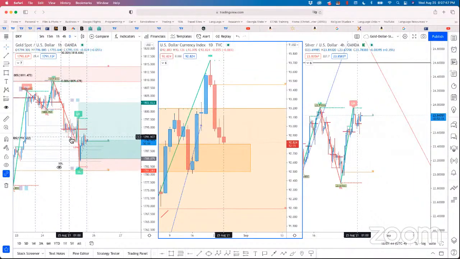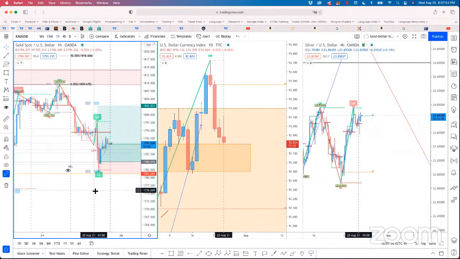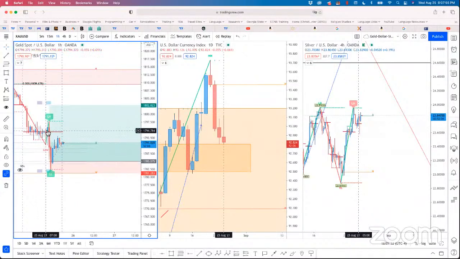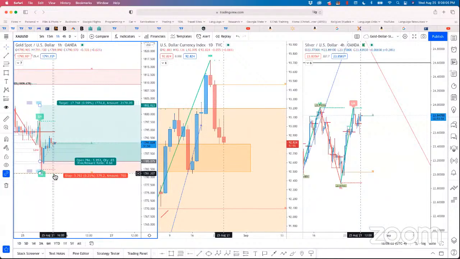Now, if I'm right here and I'm pushing down, right? And if price got down this low, wouldn't you think that it would try to come down and tap the weekly at least one time before it pushed up, right?